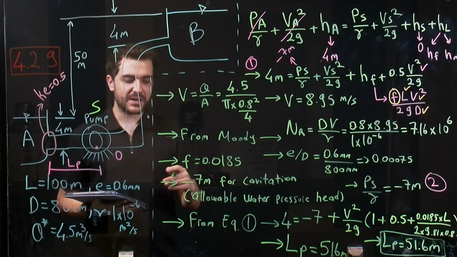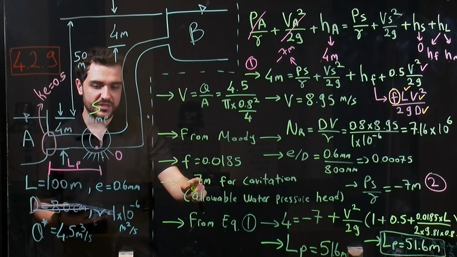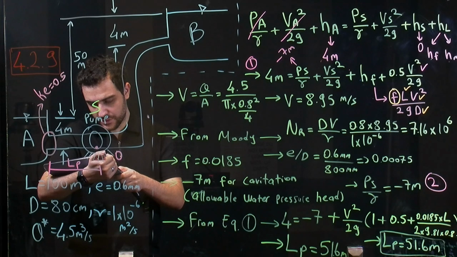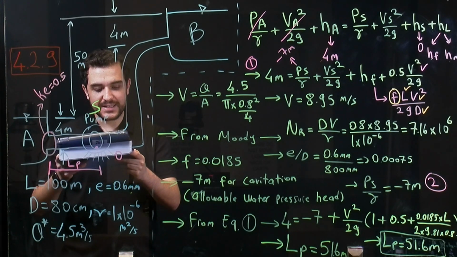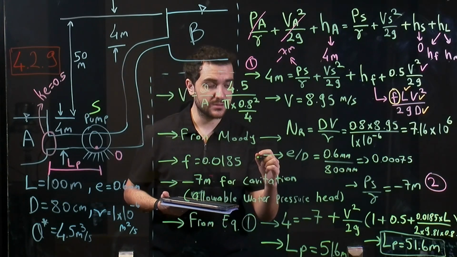And the tricky part was here using -7 meter for the pressure head at this point. And you can check your textbook, and you will find the text before example 4.4. So let me write it here.